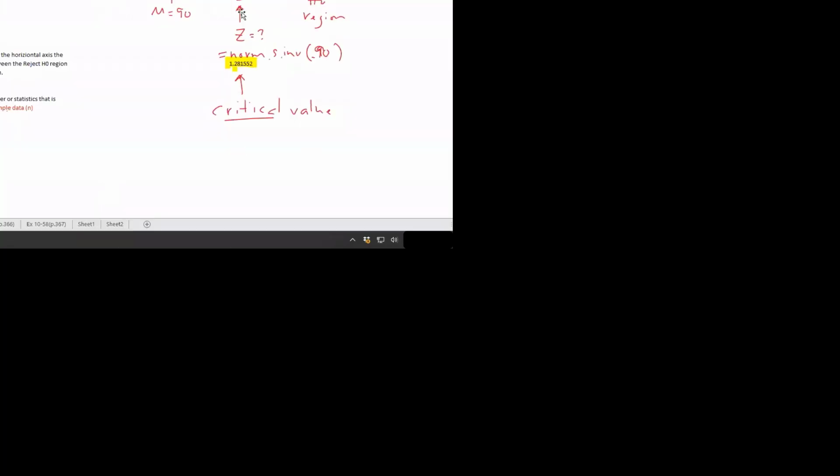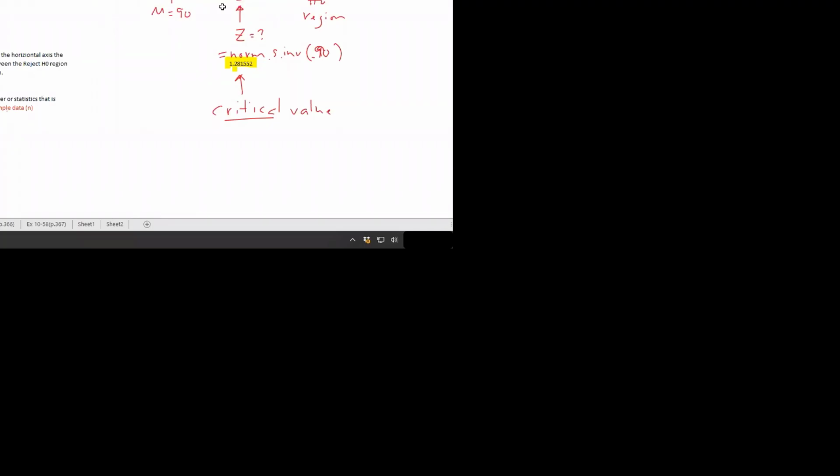Essentially, you are figuring out where the computed statistic is in relation to the critical value.